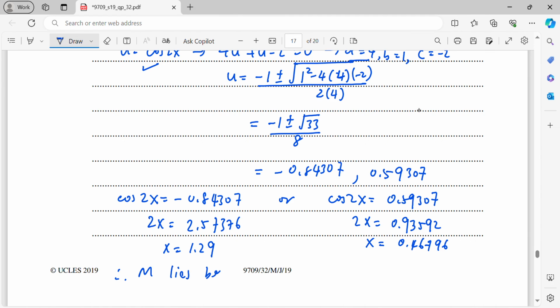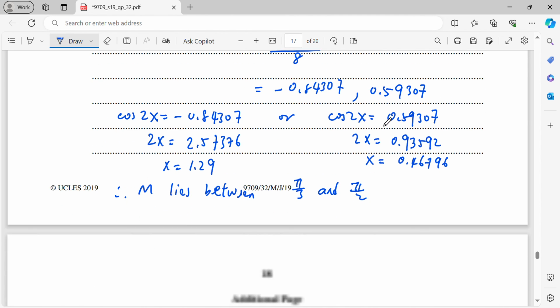Alright, so from here you just say the M lies between pi over 3 and half pi. Therefore, the x must be 1.29, because pi over 3 is basically 1.047.